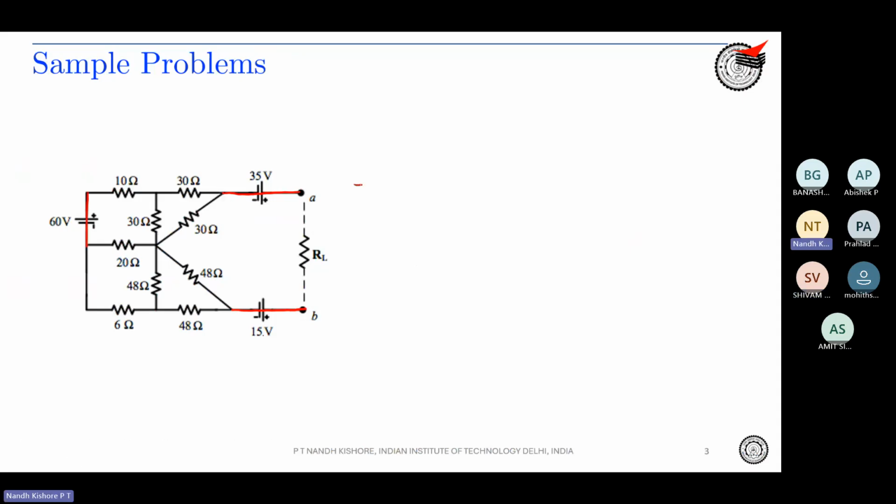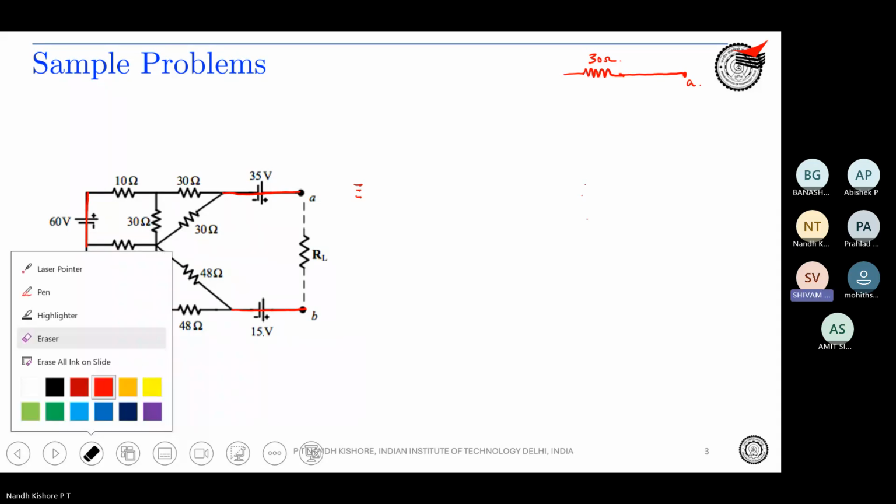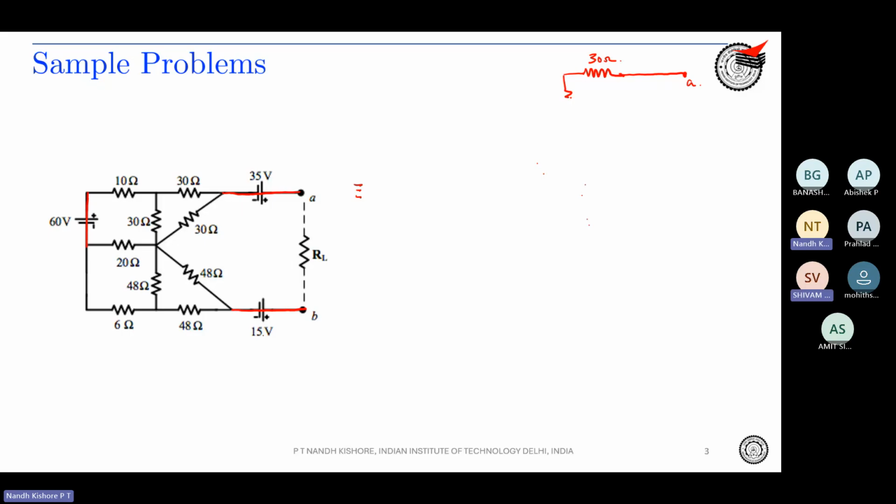Now you can draw the equivalent circuit, which means that we have point A over here. 30 ohms. Again 30 ohms.